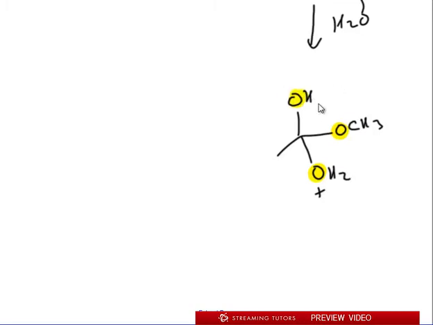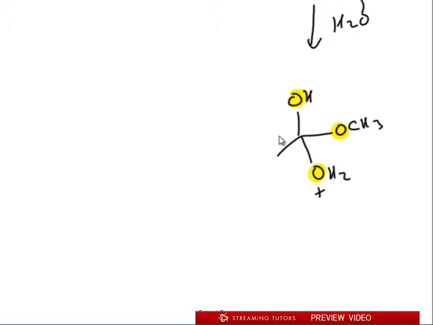So what we really have is that these two are the same in leaving group potential. They both have the same potential, because if you go back to the very, very beginning of our discussion in section 1, we said that water and alcohol have roughly the same pKa, right? So that means they have the same leaving group potential.